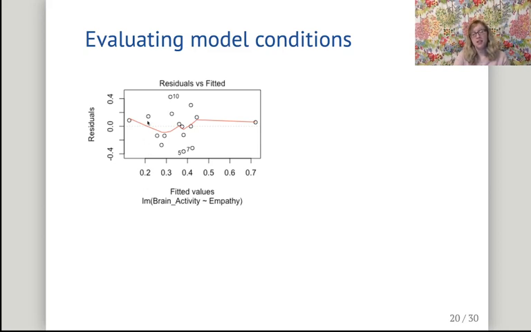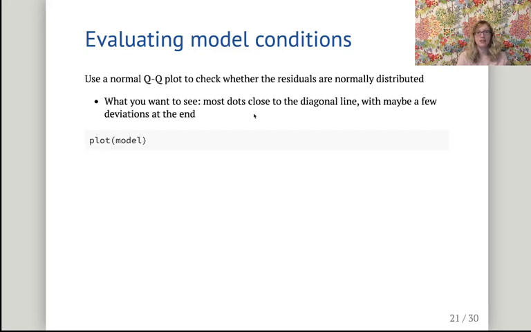Now it's difficult to tell because we don't have a lot of data, but this plot is getting wider and then gets a bit narrower. So this isn't exactly what we would want to see. On your homework assignment for regression, you'll see a lot of examples with some residual plots next to the data that they came from, which should help solidify how to interpret these things.